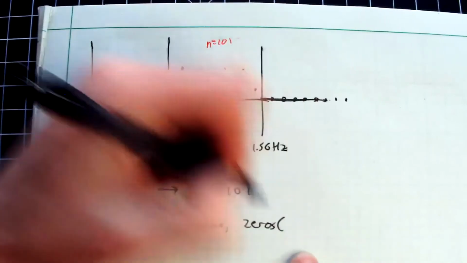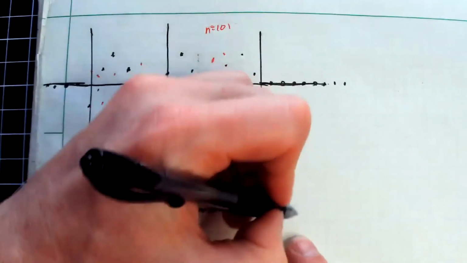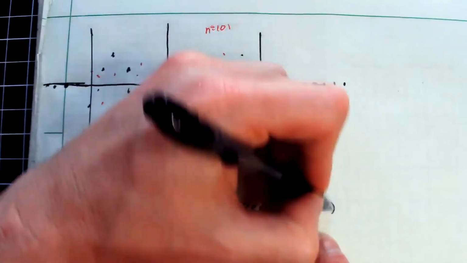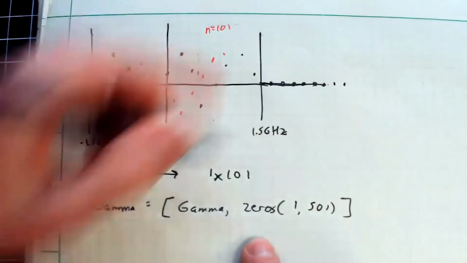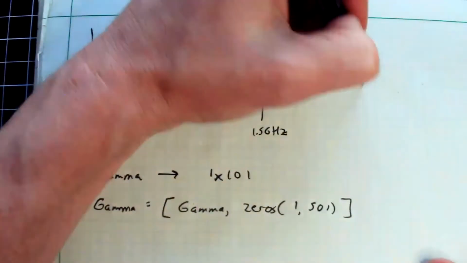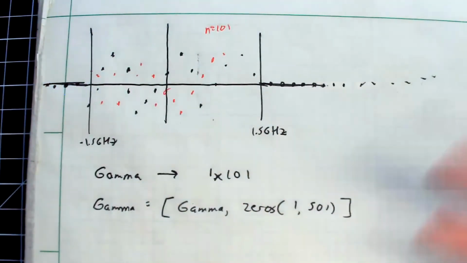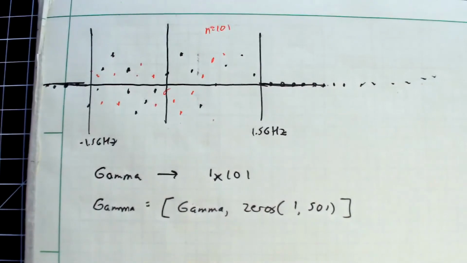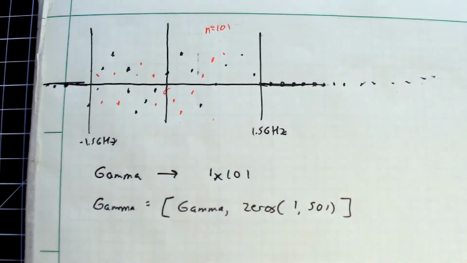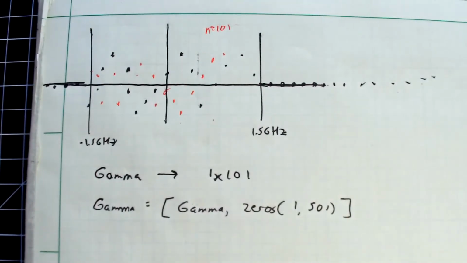And you can add a gazillion zeros here if you want. In fact, I tried this. It went out to like 501 samples and it worked. So that just added 500 zeros onto my gamma term. So I haven't changed the information at all. I'm just adding more samples into the information that was already there.